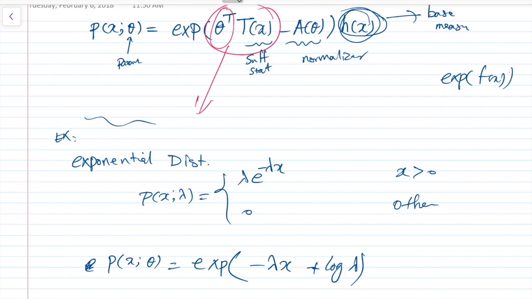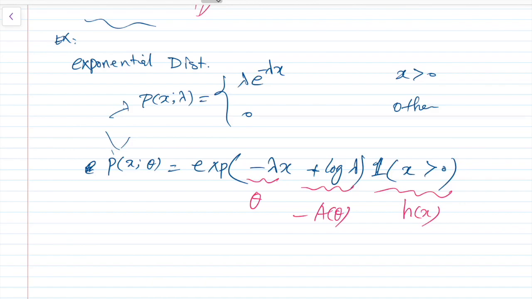If I say that I'm going to write this distribution as this, anything missing? An indicator function, exactly. I need some sort of indicator function that says that x has to be positive. So this is your h, and this is minus A(theta), and this is theta. So h(x) is going to be the indicator function, making sure it's only defined for non-negative x.